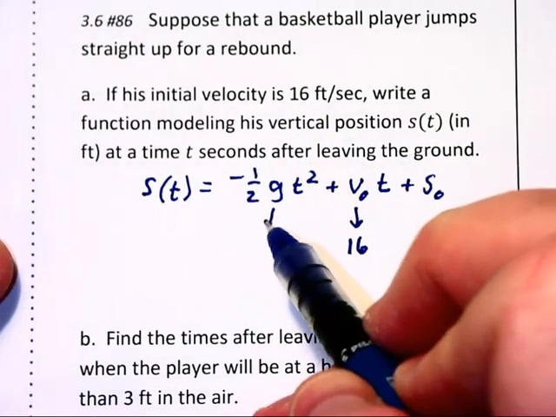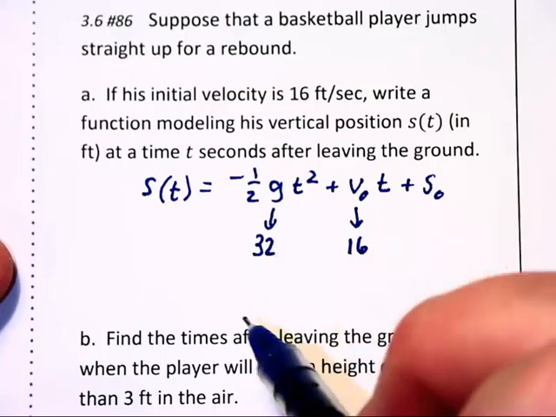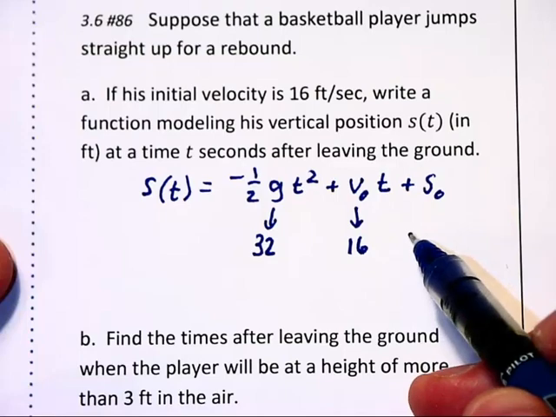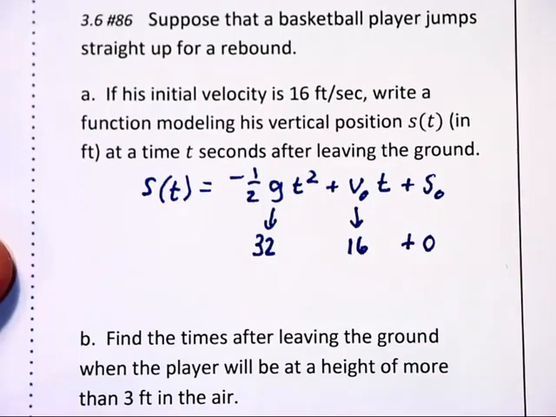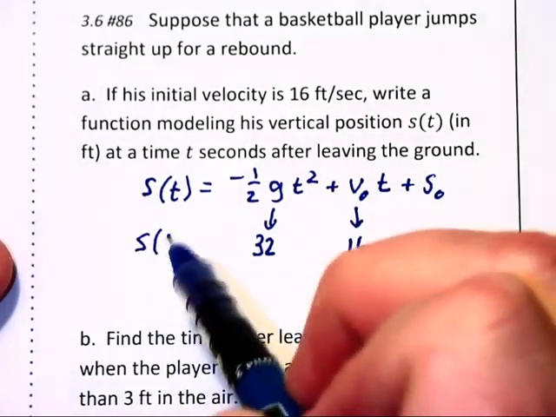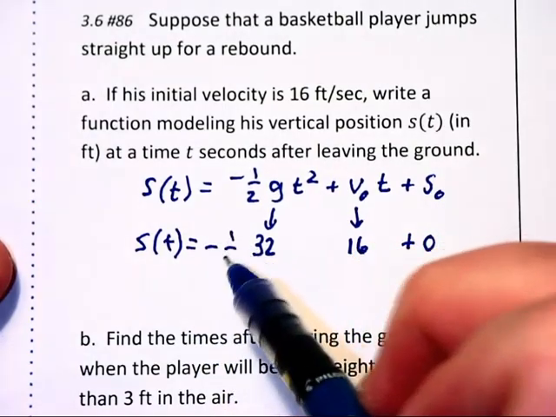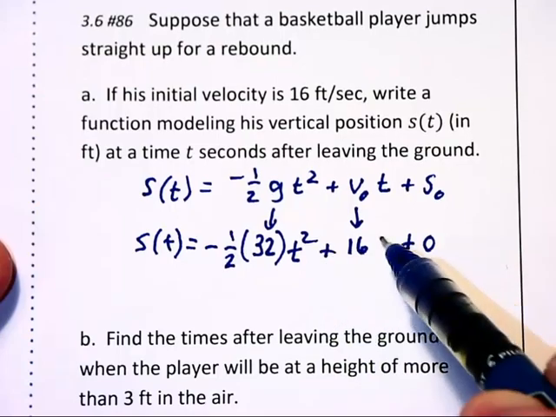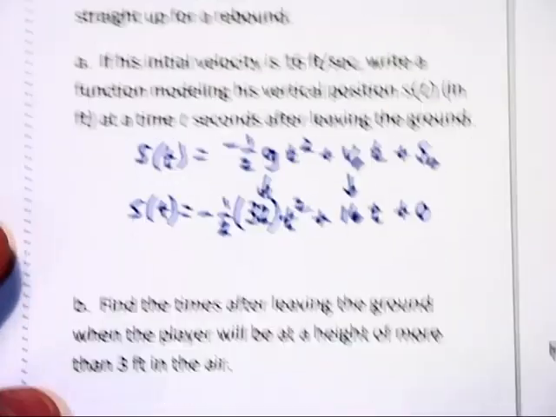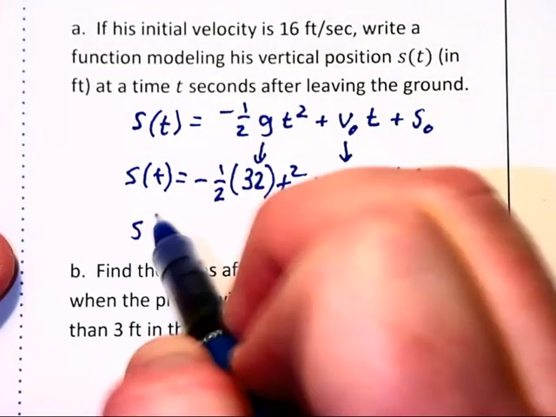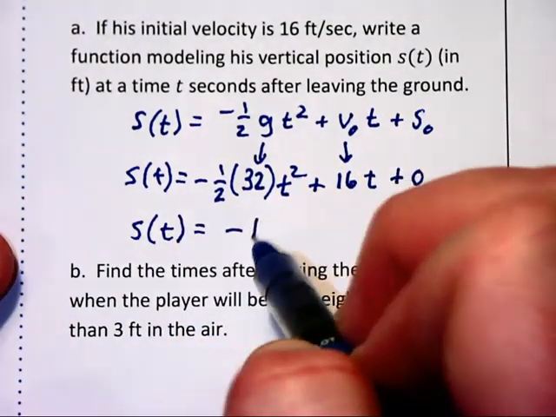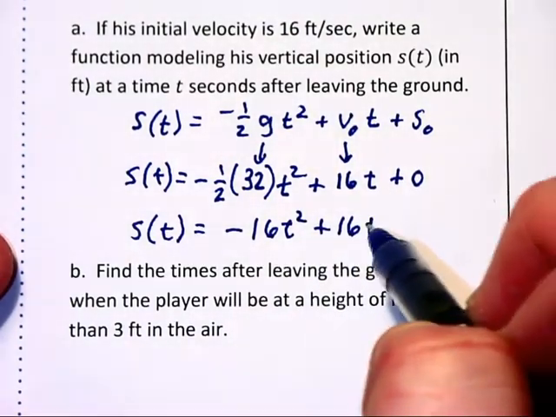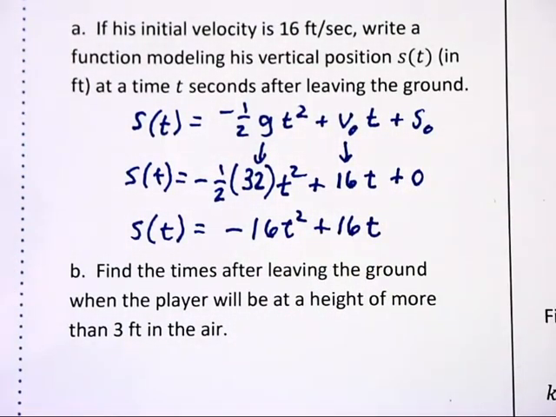That tells me the g value is going to be 32, and he's leaving the ground, so his initial height here will be a plus 0. So we have s of t is equal to -1/2 times 32 times t squared plus 16t plus 0. And if we simplify that, we will have s of t is equal to -16t squared plus 16t. That's the general model.